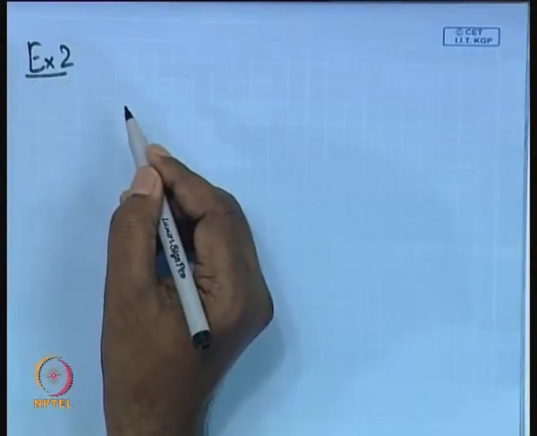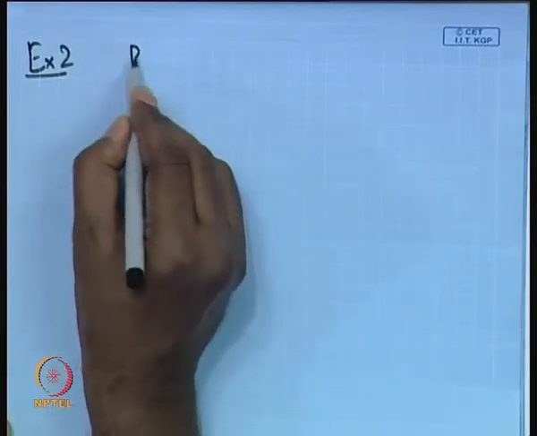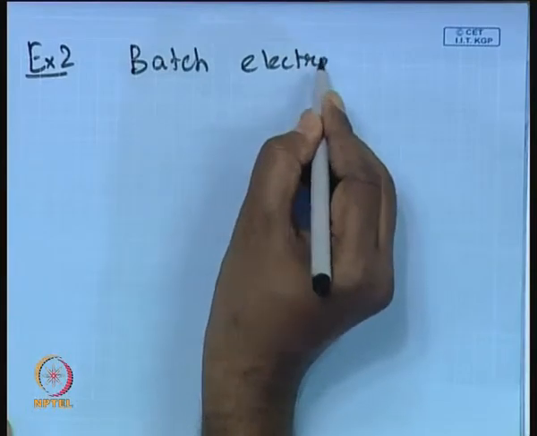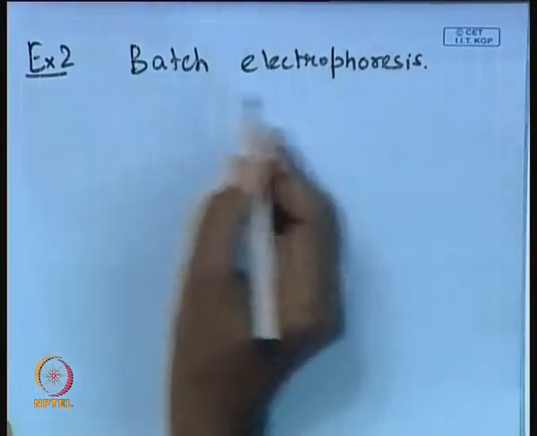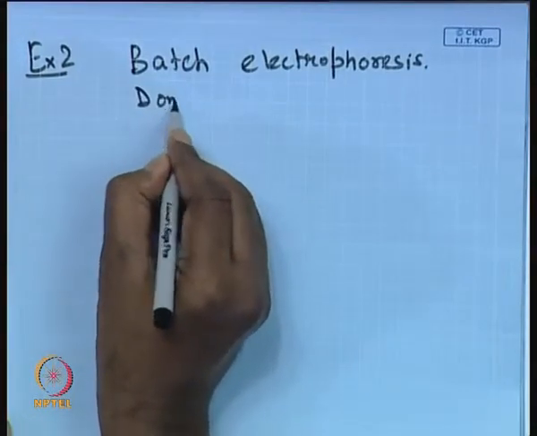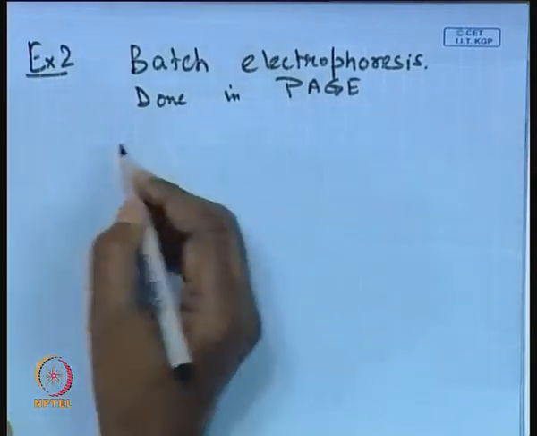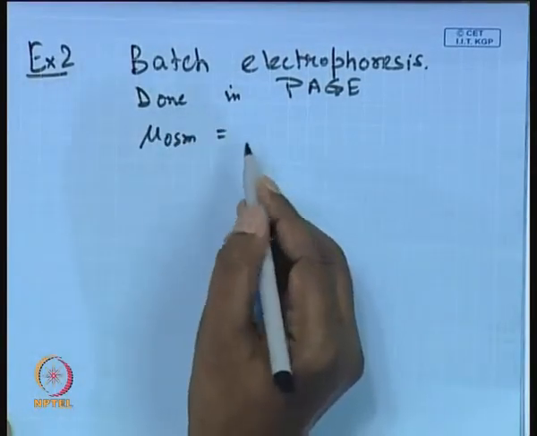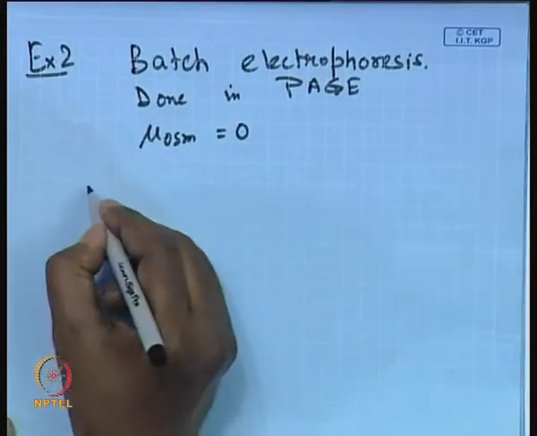Here you will have different values of diffusivities. Again we are talking about a batch electrophoresis done in PAGE, with electroosmotic mobility 0.